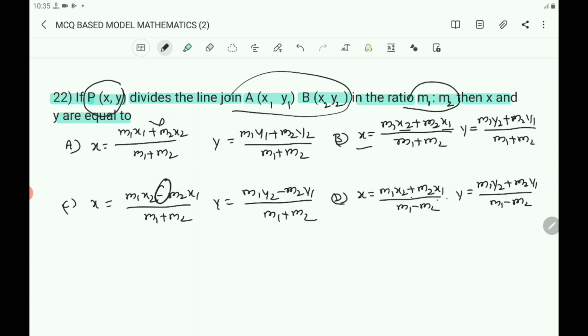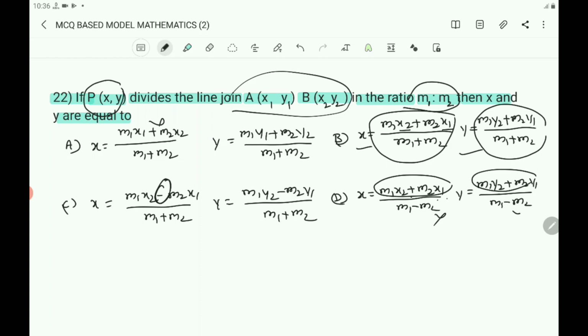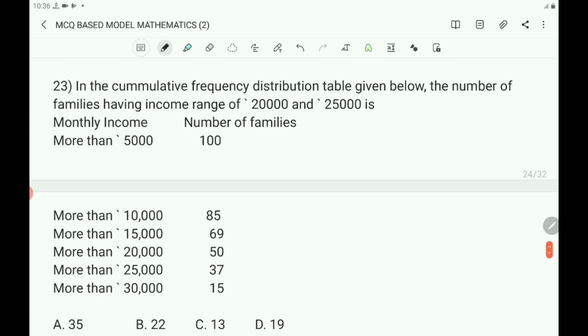Here the numerators are correct, but the denominators are negative. So option B is the answer. You must know the formula, then you can make out the answer easily.